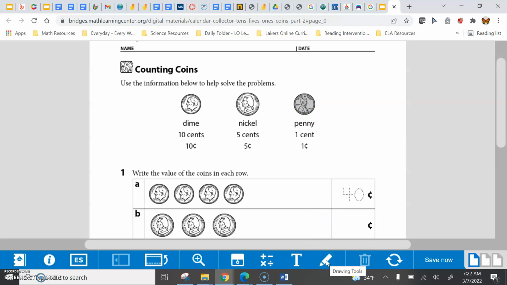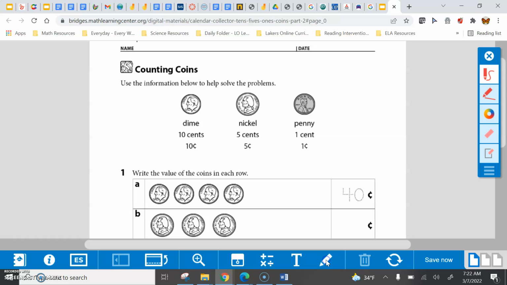Here is my advice to you as your teacher. To help you remember the value of each coin as you are counting, I would like you to put how much it's worth just above it. So if it's a dime, we're going to put 10 right above it for every dime we see.